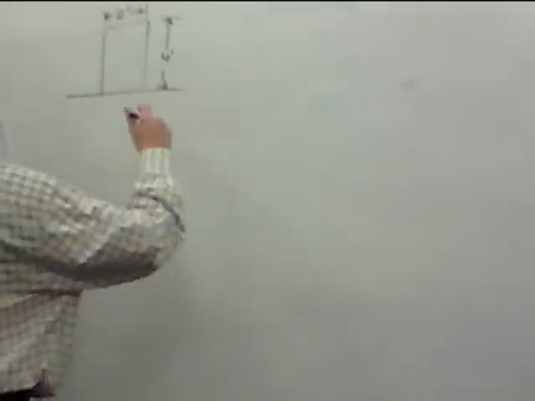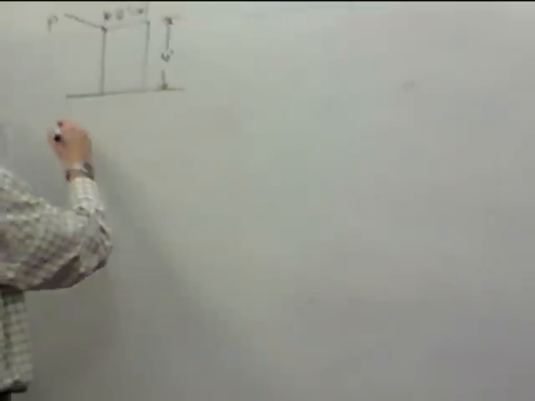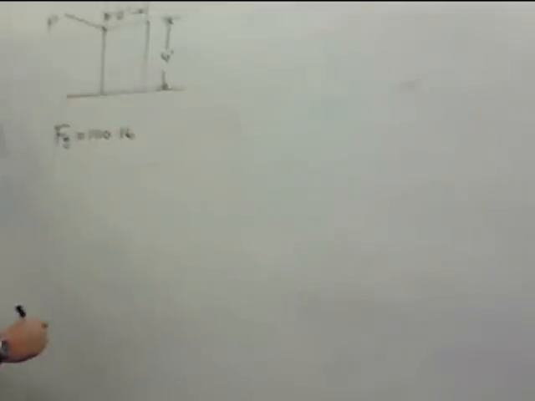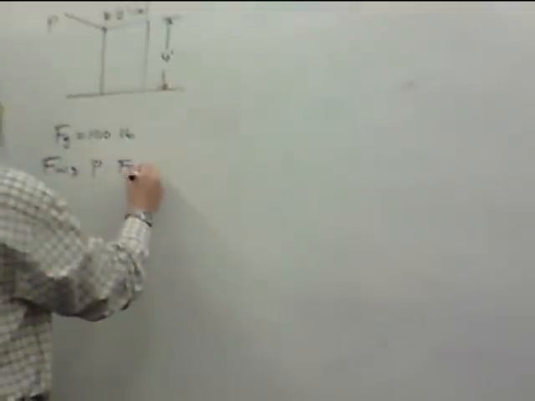Say I'm pushing on it on this corner with a force P, and it has a weight of 100 pounds. Very similar to the first one we did. It's going to be find P for impending motion.